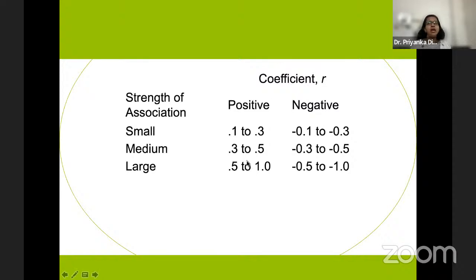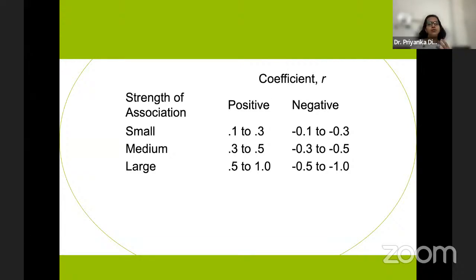If your values are coming between 0.3 to 0.5, we are going to say the relationship is moderate. And if the values are coming from 0.5 to 1, then we can say the relationship is strong.